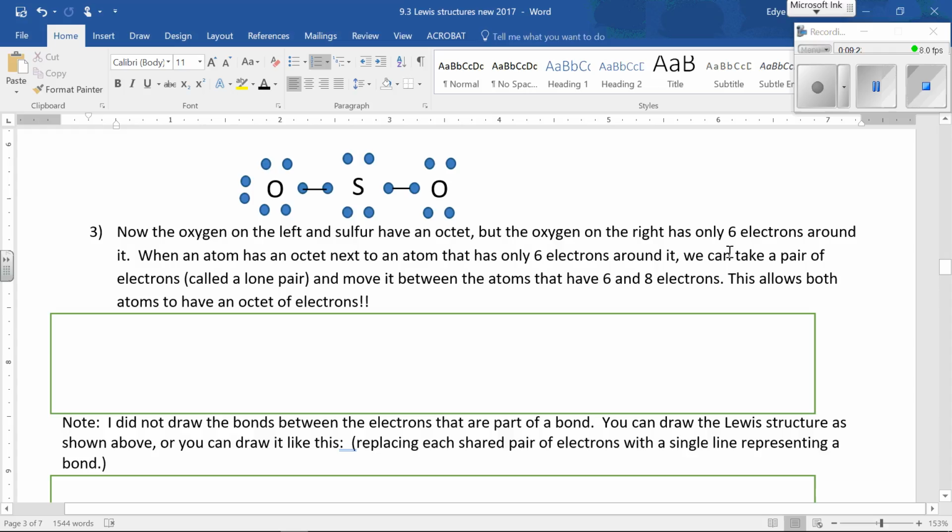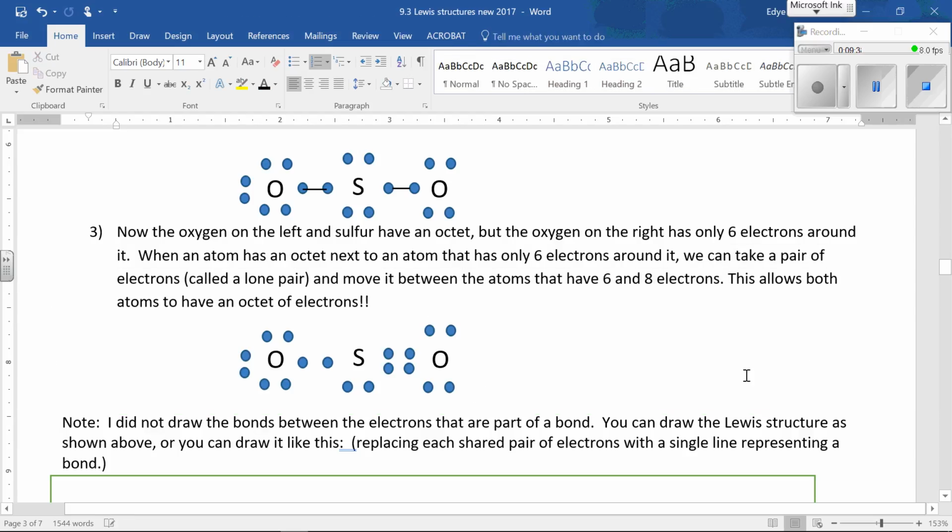We fix that. You're told right here, we take a pair of electrons, which is called a lone pair, and we move it between the atoms that have 8 and 6 electrons. So I'm going to take a pair from here and put them down here as if it's a bond now. And that will work. So all I did was I took these 2, you take a lone pair. Lone pairs are electrons that aren't part of bonds. I take that pair and I move it down.